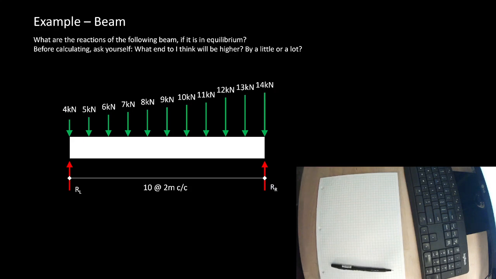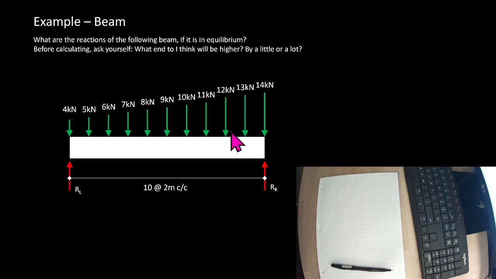This is beam 1. And we want to know what RL and RR need to be for this to be in equilibrium. So before I calculate anything, I always ask myself, what end do I think will be higher? Do you think RL will have more load or RR will have more load?